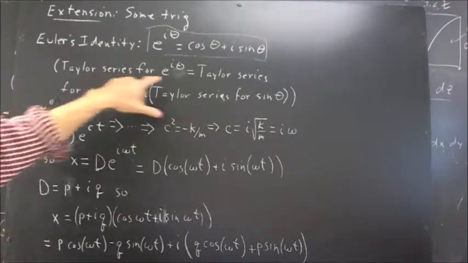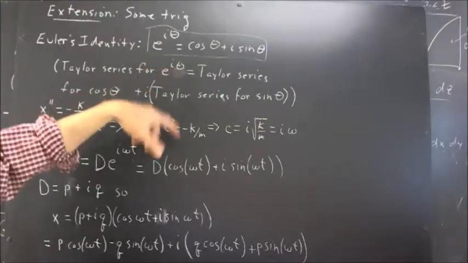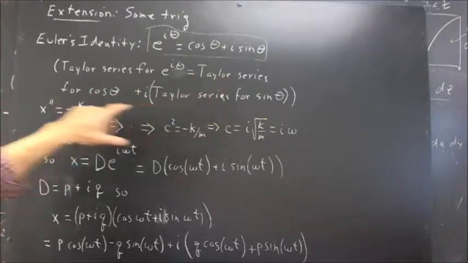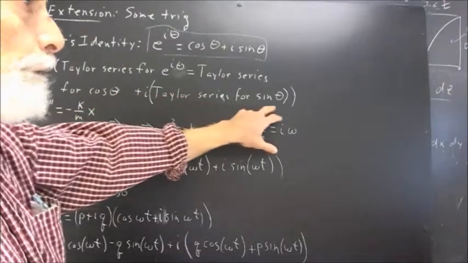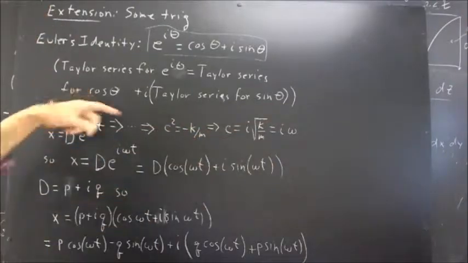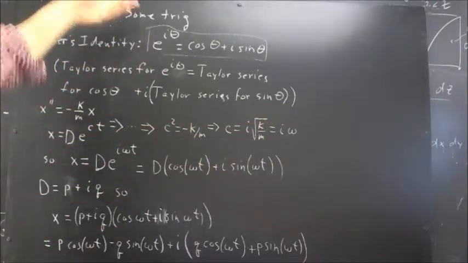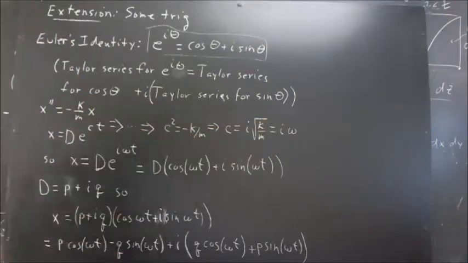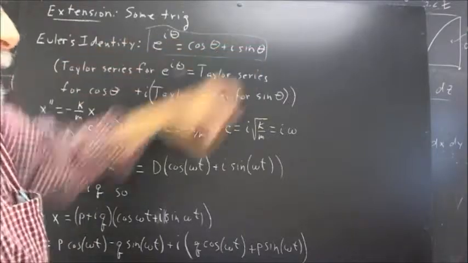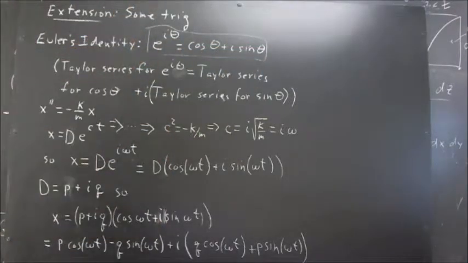The Taylor series for e to the i theta turns out to be equal to the Taylor series for cosine theta plus i times the Taylor series for sine theta. So if you know what the Taylor series is for e to the x and for cosine x and sine x, you can very easily prove the Euler identity based on just what you learned in first year calculus.